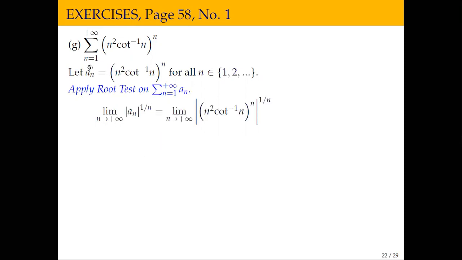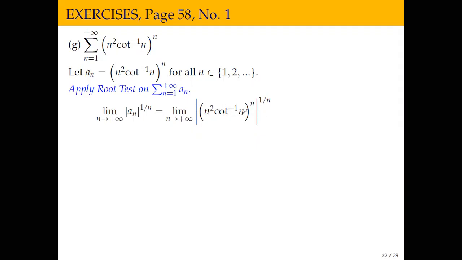Now, let us replace a sub n with this one. So what we did here is we replaced a sub n with this one. Our n here ranges from 1 to positive infinity, so n squared here is positive.